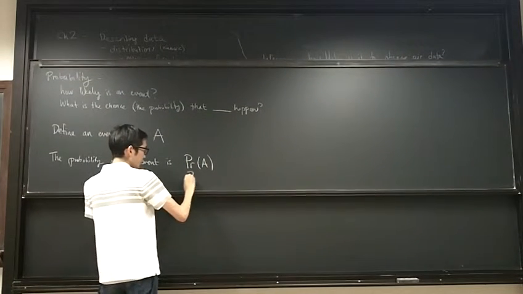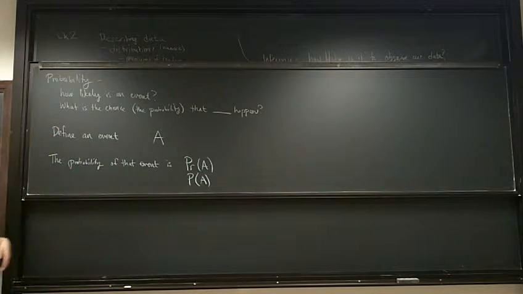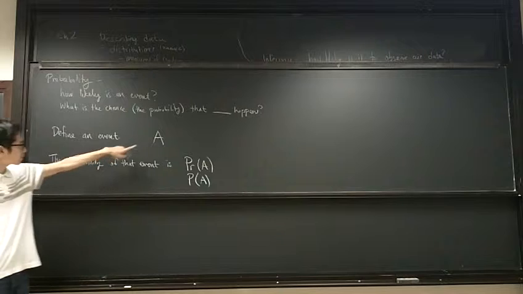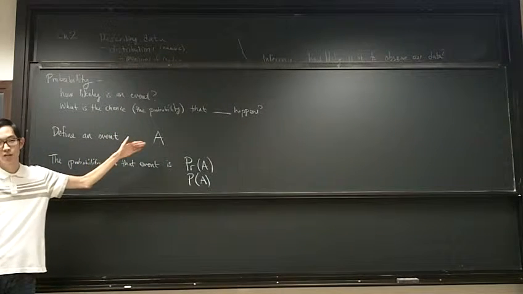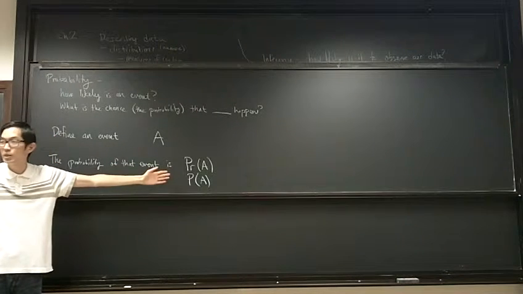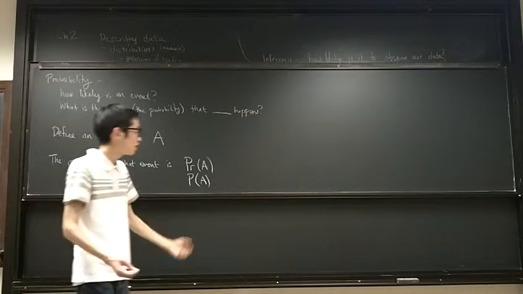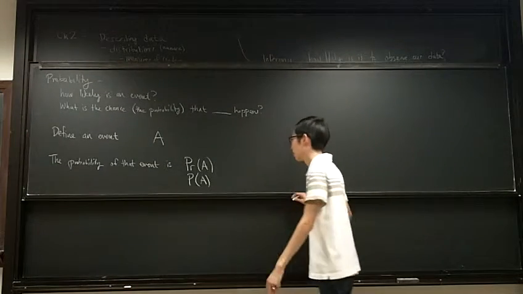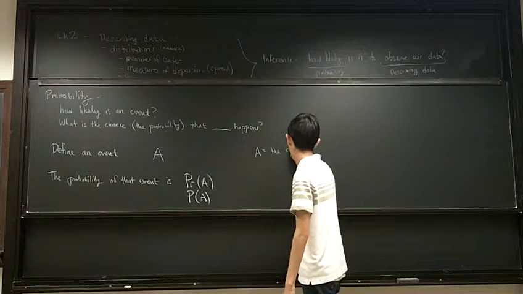probability of A, sometimes it will be written without the R, and they're the same thing. Okay? So don't say A and probability of A are the same thing. A is the event, and then this is the probability that the event occurs. Okay? There's a distinction. So A could be the coin lands heads.